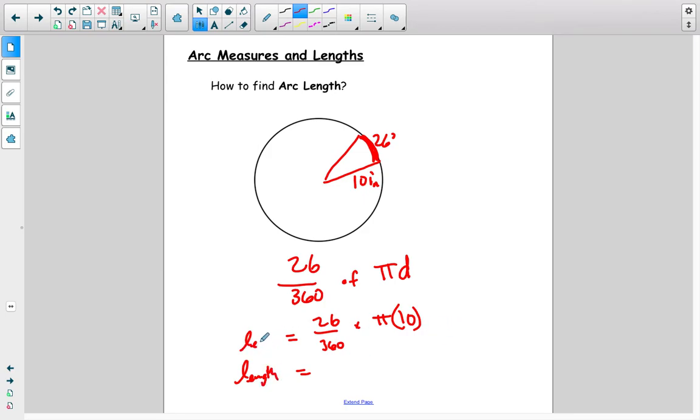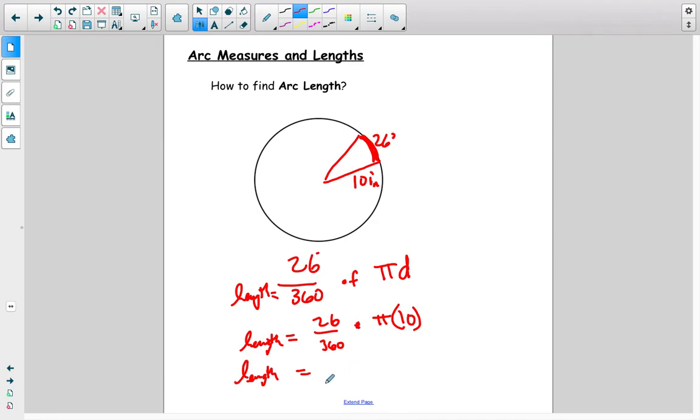Okay, so basically, what I would like you to take away from this, hope I'm not being too complicated, is that there's a formula here. Whatever the degrees are over 360, that's going to be your fraction, your piece of the circumference. And of, once again, is just multiply.